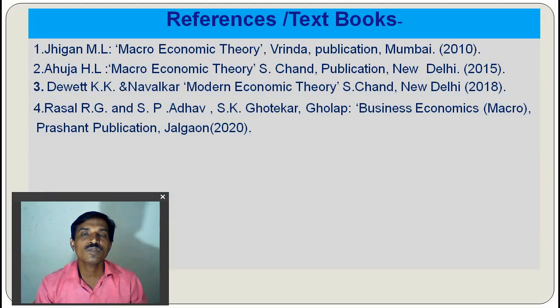So here what we learn from this lecture are the various concepts like GNP at market price, GNP at factor cost, NNP at market price and factor cost, then GDP, per capita income, personal income and disposable income.